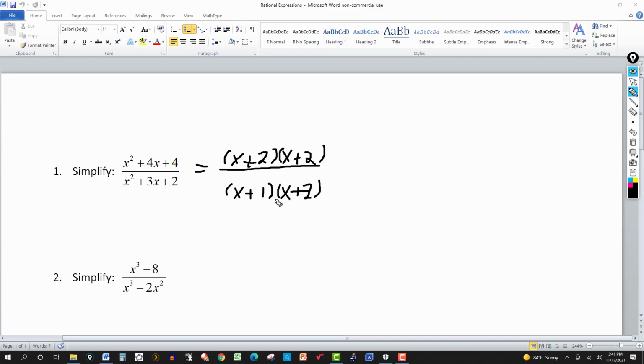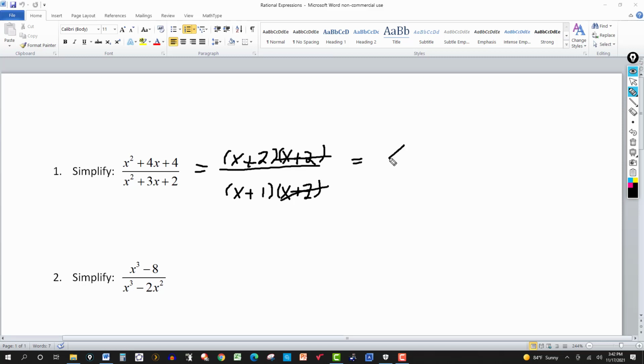Now you see if there are any common factors. So on top we have an x plus 2, and we have an x plus 2 here on the bottom. So it doesn't matter which one you cancel there. So x plus 2, those divide out. So all I'm left with is x plus 2 times 1 over x plus 1 times 1.